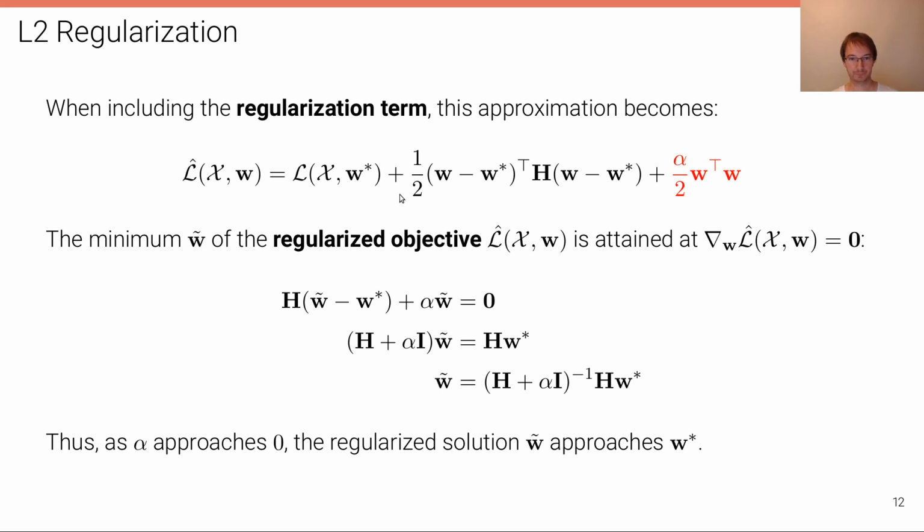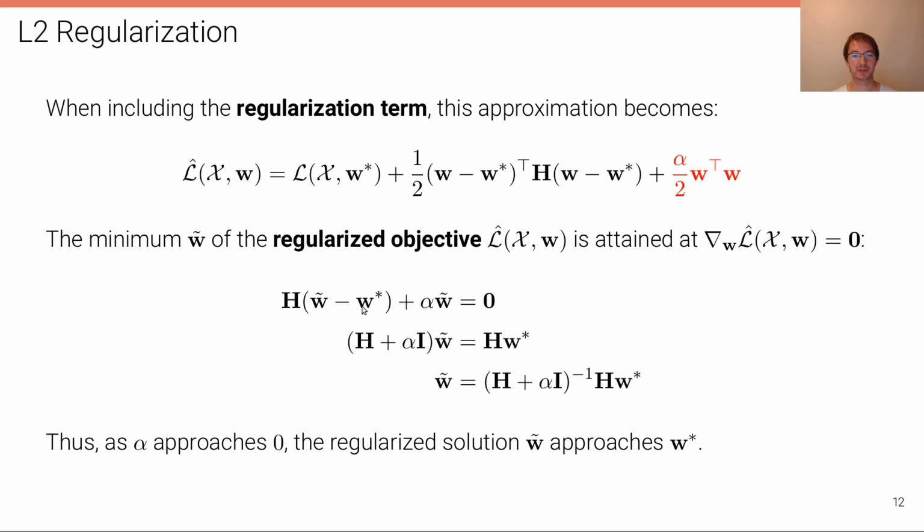Well, the first expression here does not depend on W. It just depends on W star, which is constant, so this goes away. This expression here, derived with respect to W, is HW. Now we have W tilde as the solution already, so it's replaced by W tilde.